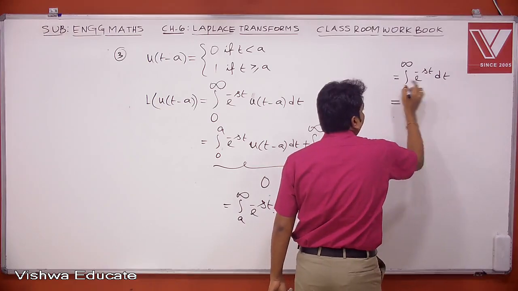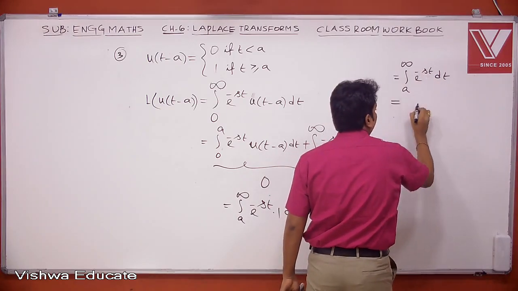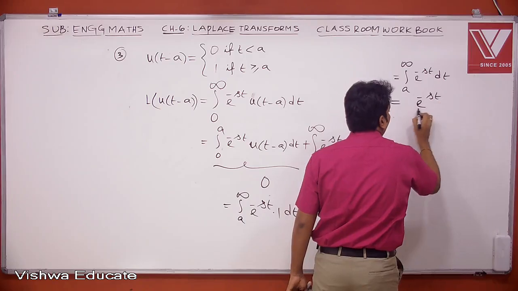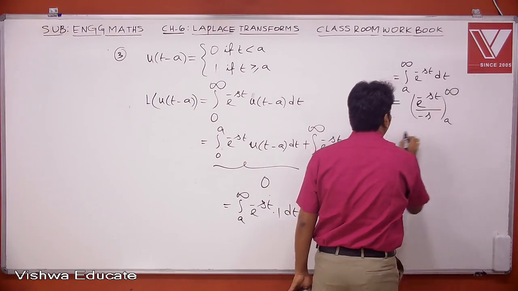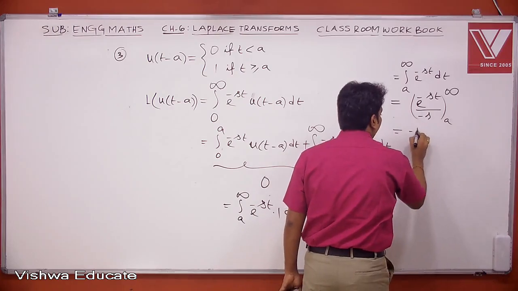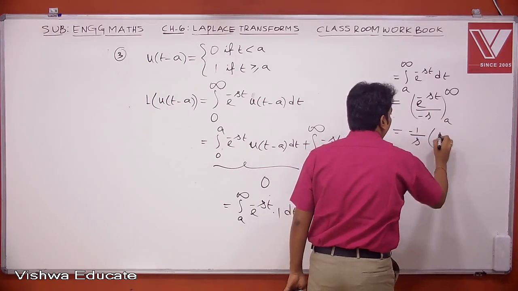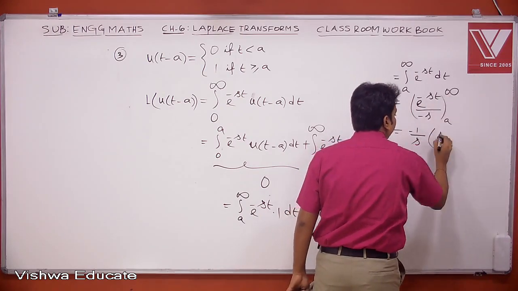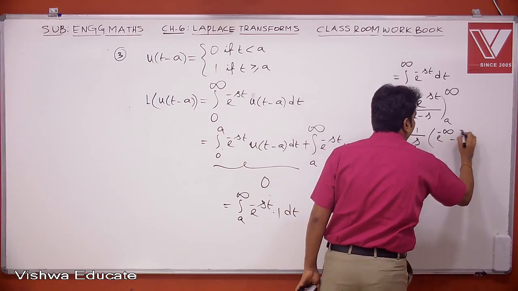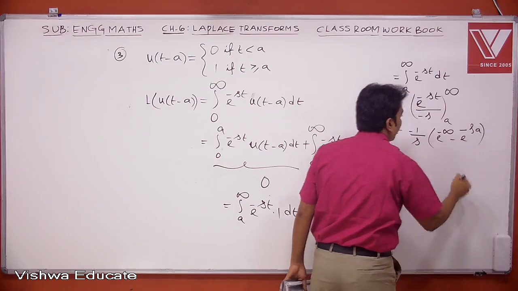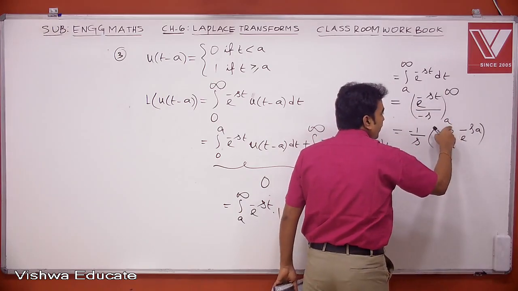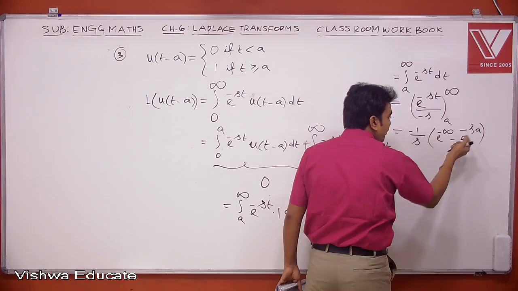Now do integration with respect to t. s is constant, so its integral is e power minus st by minus s, with limits from a to infinity. The minus 1 by s you can take outside. This is e power minus s into infinity minus e power minus s, with t replaced by a, because these are the limits of t and s is constant.